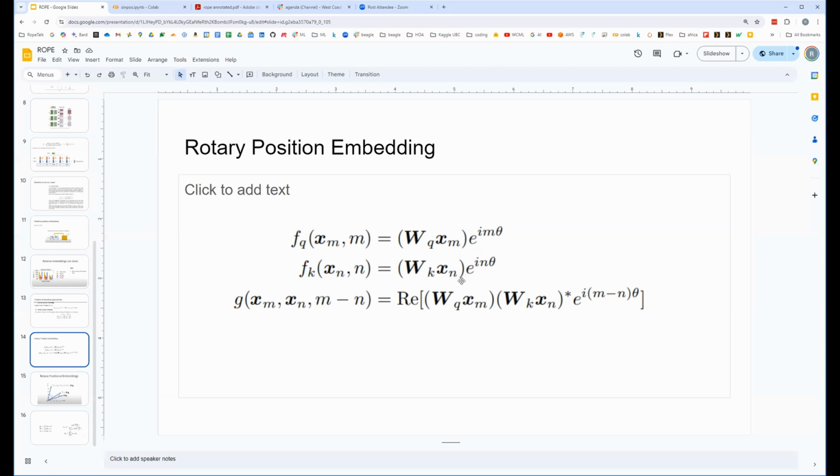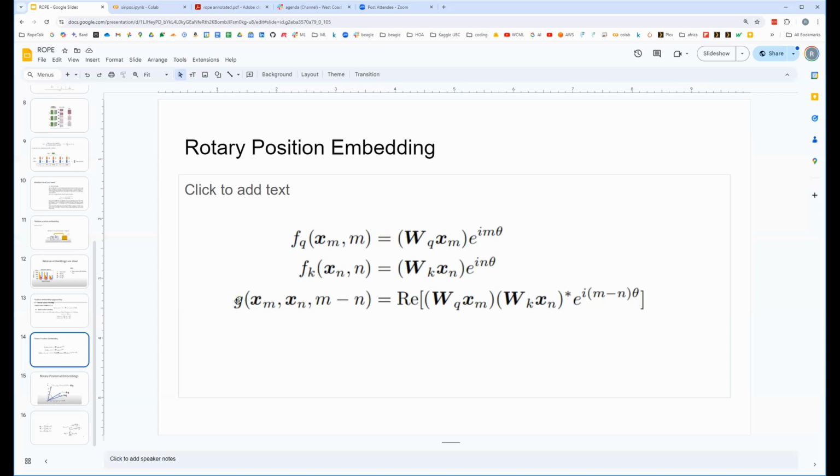They're basically saying that the tokens with the position embedding are derived by the weight matrices, and then this complex exponential, e to the complex number, does a rotation that is proportional to the position of the token.